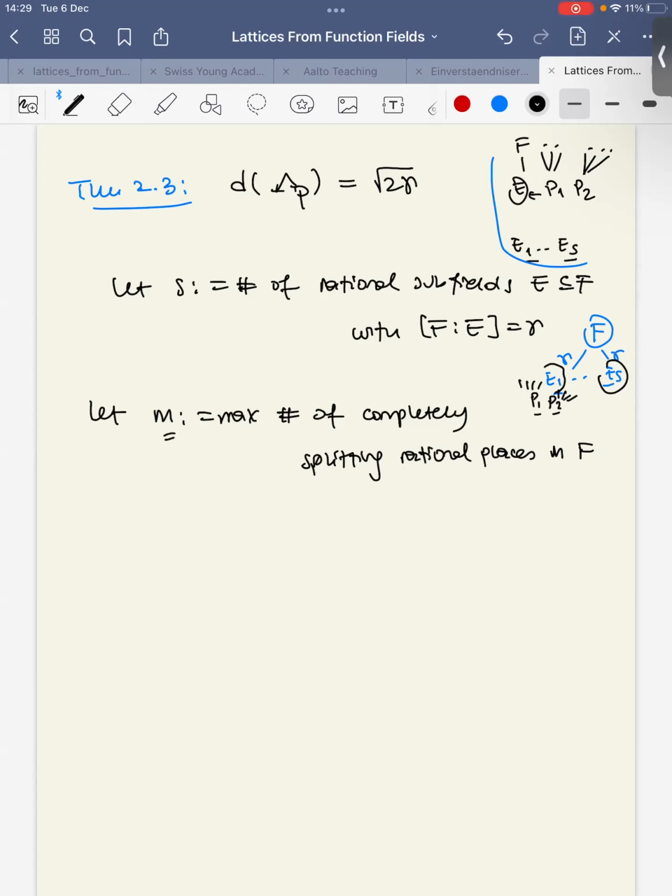But we are taking the maximum number M, and it will be important in the estimation of the rank of our function field lattice and the sublattice which is spanned by the minimal vectors.